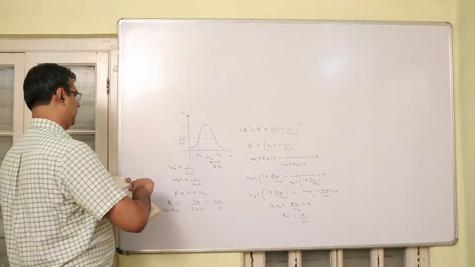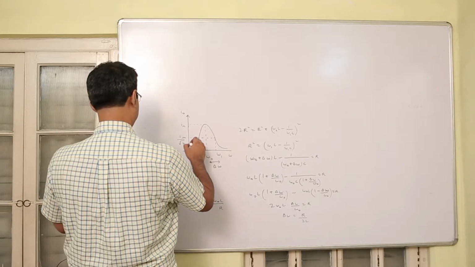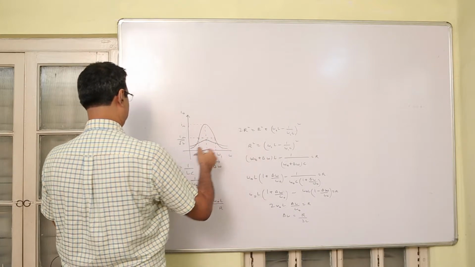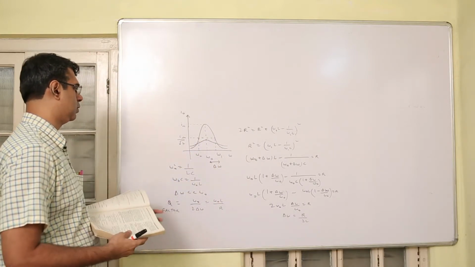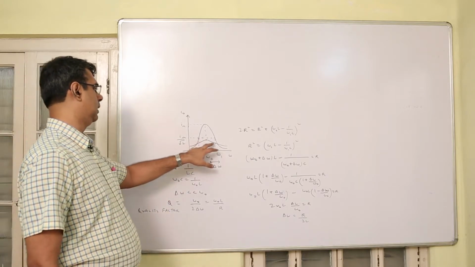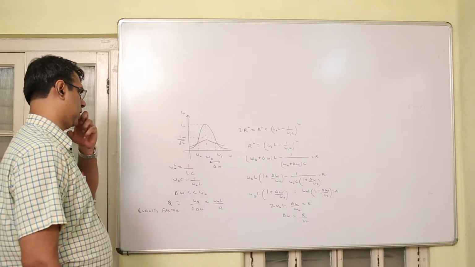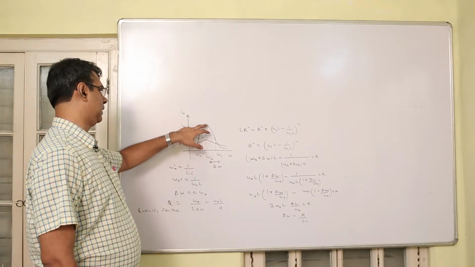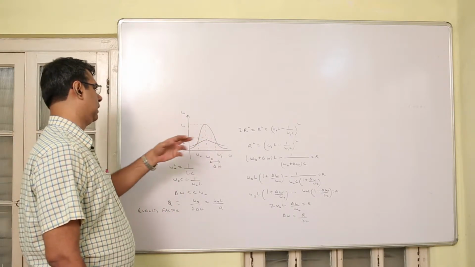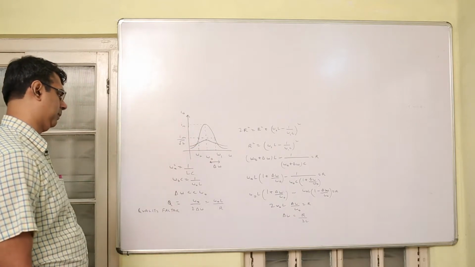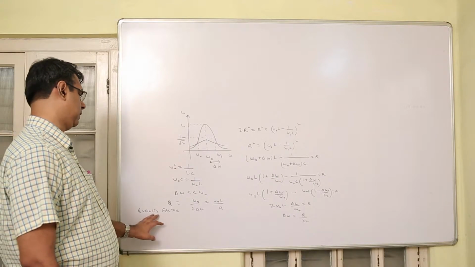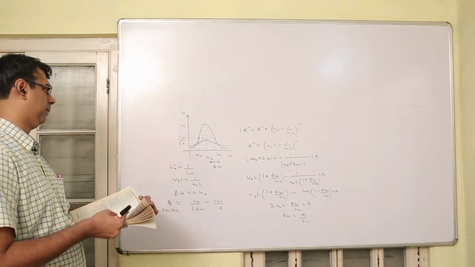Just to give you an idea what I mean by sharp resonance: if I have the I0 versus omega graph like this, then the resonance is not sharp, right? And if the graph was like this, the one which I have originally drawn, then the resonance is comparatively sharper. So you can get a better resonance with a higher quality factor.